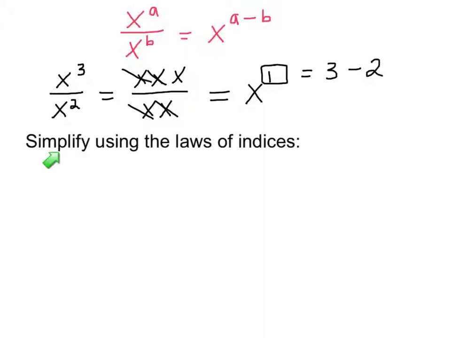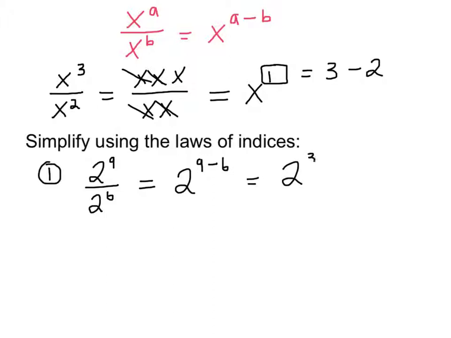Okay, here it says, simplify using the laws of indices. So let's do the first one. Let's say you had 2 to the power of 9 divided by 2 to the power of 6. The law says that's equal to 2 to the power of 9 minus 6, and 9 minus 6 is 3, so 2 to the power of 3.